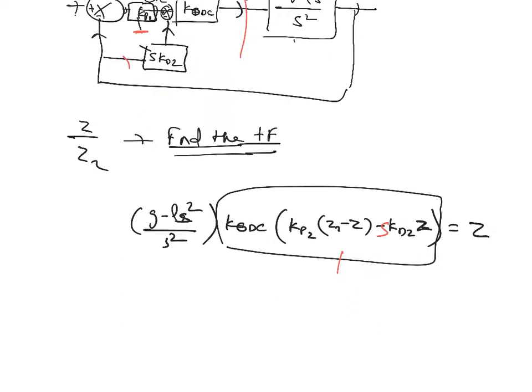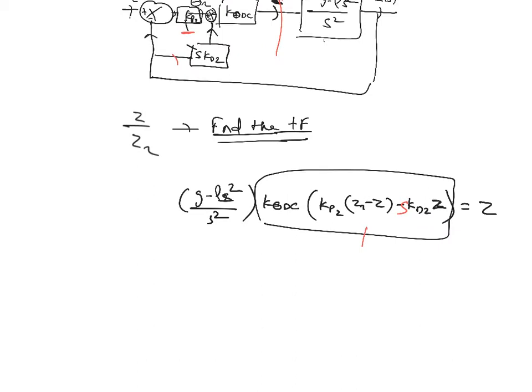Okay. So now, once this is plugged in, all we now do is the algebraic manipulation and try to find the ratio of Z versus ZR. So let's see.